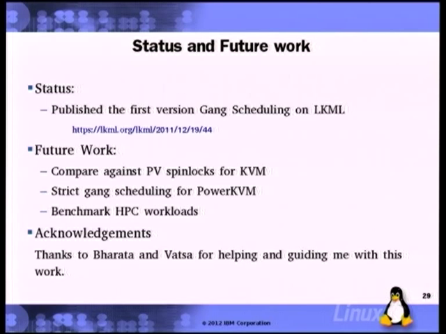So the current status is we have the patches put on to LKML, and some nice discussions we had, and some flames. The future work would be, first, we need to compare the gang scheduling numbers with the work which is going on with paravirtualizing spin locks on KVM, which is still in the works.